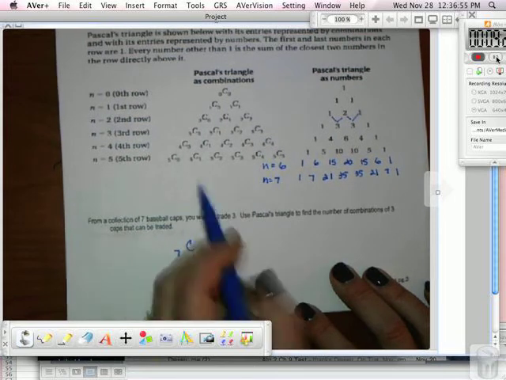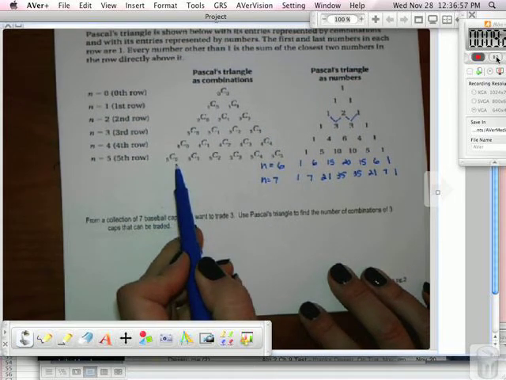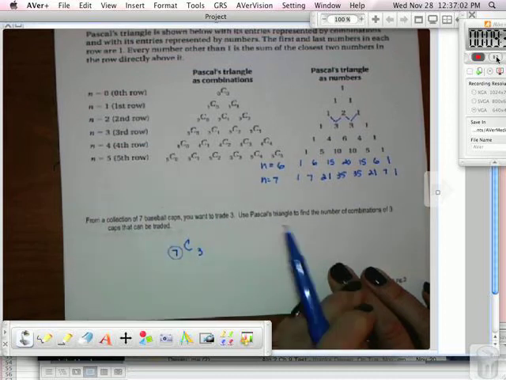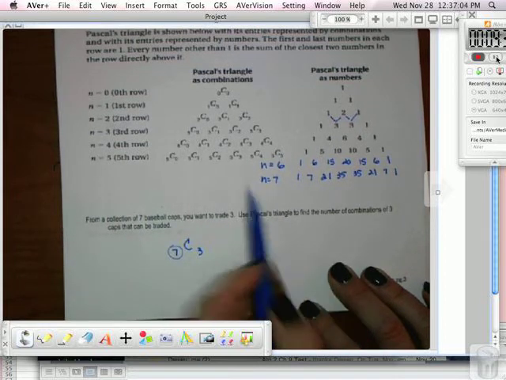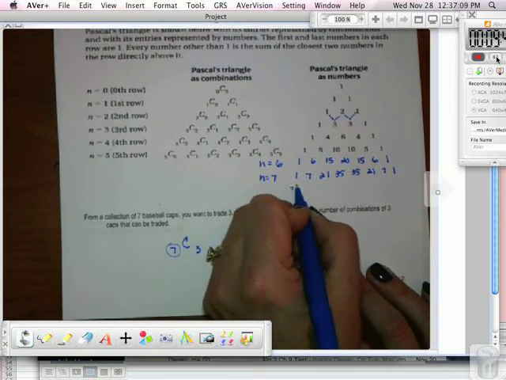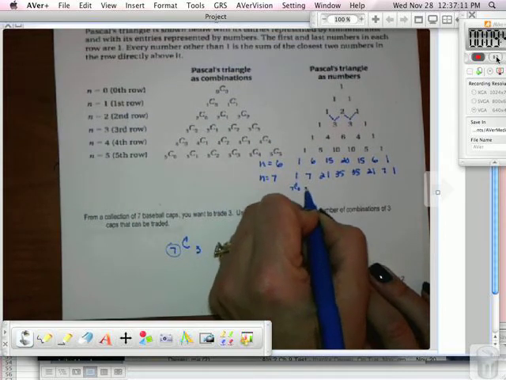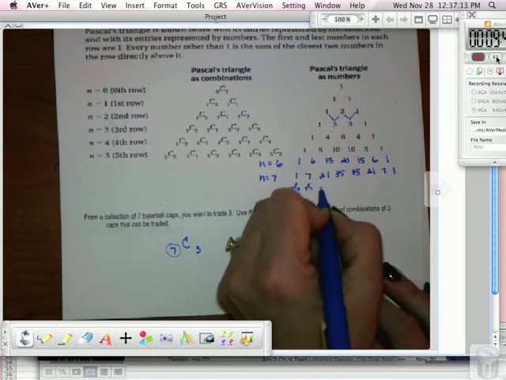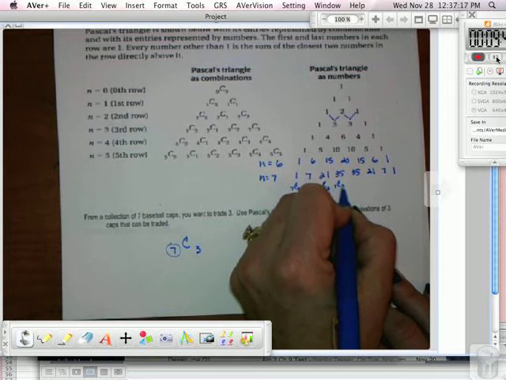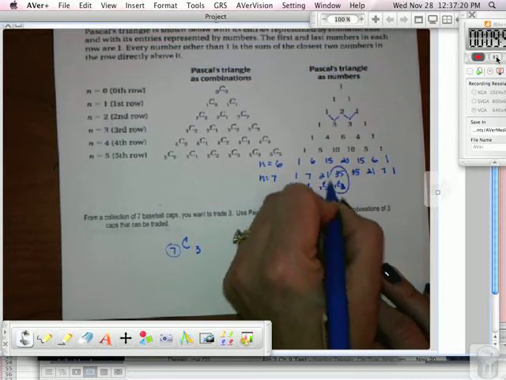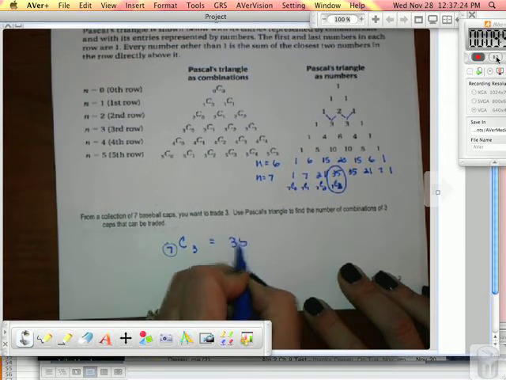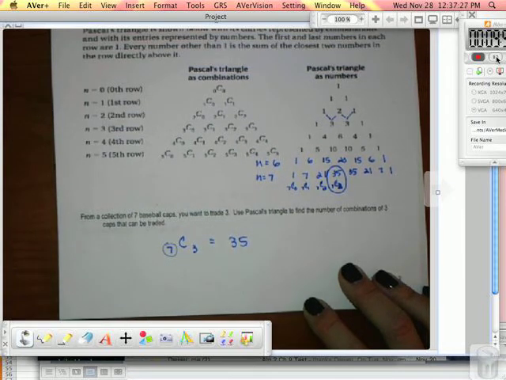Well, if I look at the pattern here and line it up with my 7th row, because this 7 means you're using the 7th row, I got to consider, okay, so here this means that I have 7 choose 0 is 1, 7 choose 1 is 7, 7 choose 2 is 21. Oh look, 7 choose 3 is 35. And that's how you can use Pascal's triangle. Of course, you could just throw it on the calculator as well. It's just kind of a nifty little trick with this triangle.